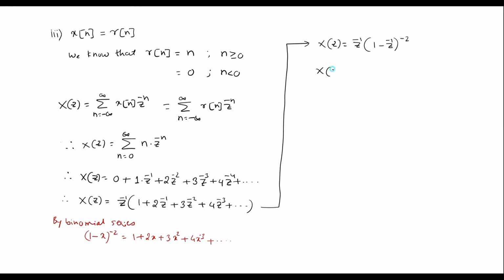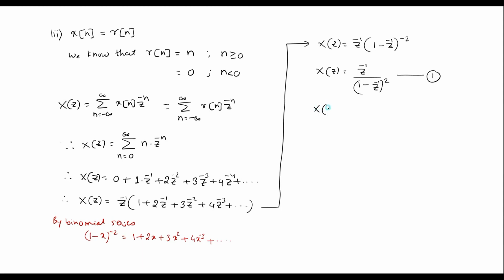This can be further simplified as X of z is equal to z inverse divided by 1 minus z inverse whole square. We'll call it equation number 1.